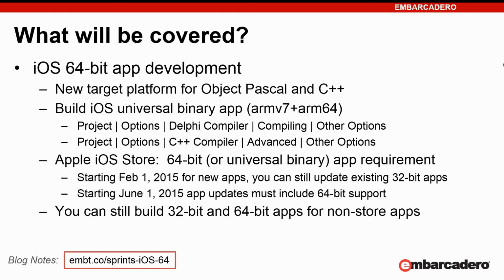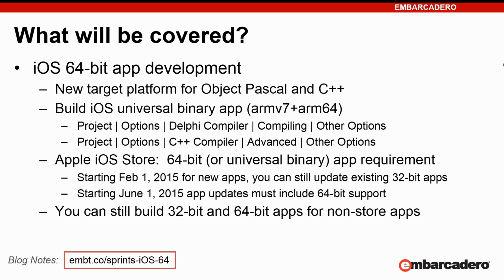So there is a project option that has been added for the Delphi compiler and the C++ compiler under the other options area where you can check a box if you want to build a universal binary app or fat binary, which will call the compiler twice for the application to create the ARMv7 and the ARM64 binaries, and then link those together into the universal binary app.